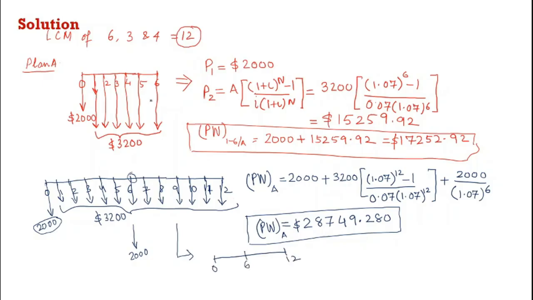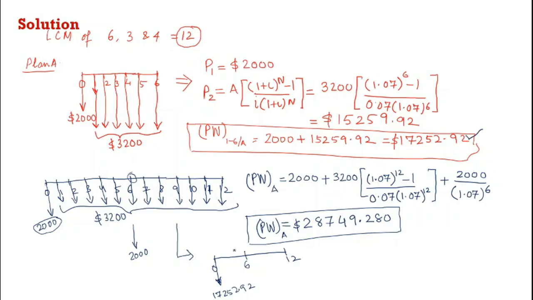So I am repeating this cash flow again starting from the end of year 7 and continuing till the end of year 12. So this is the present worth which is already calculated, and this comes out to be 17252.92. So this is this one.